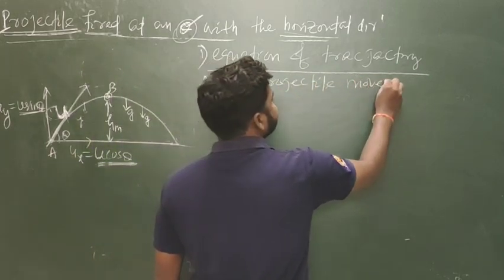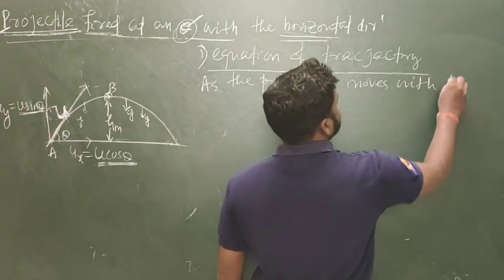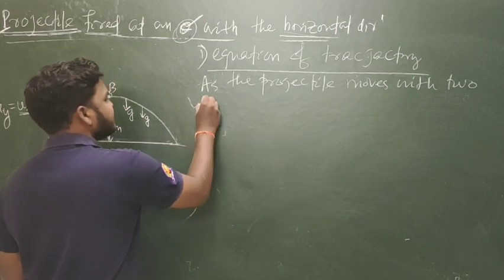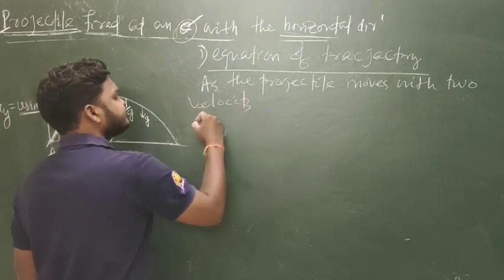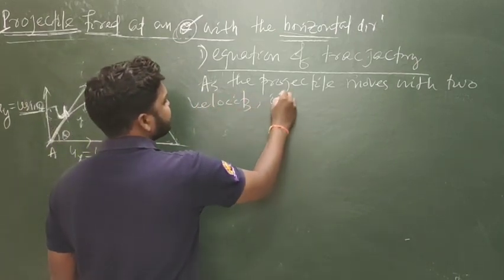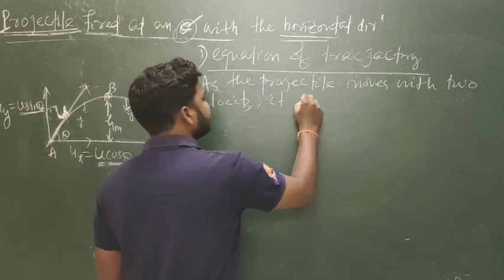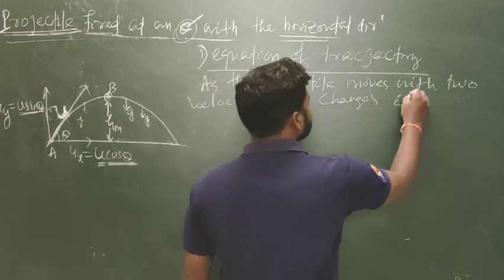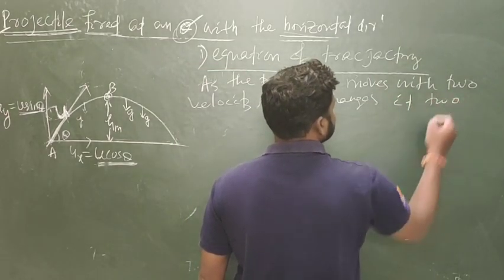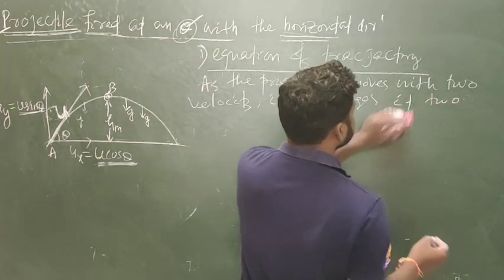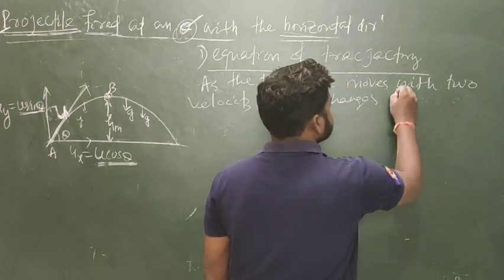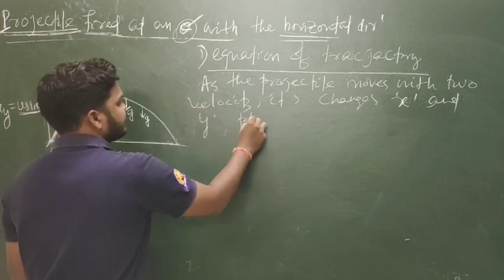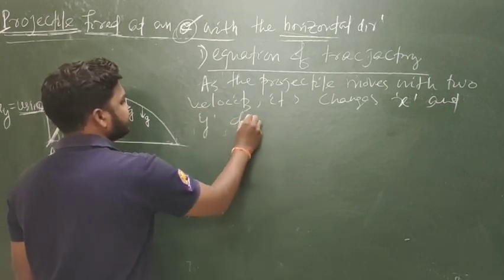As the projectile moves with two velocities, one is vertical velocity, another is horizontal velocity, it changes in the x and y directions.